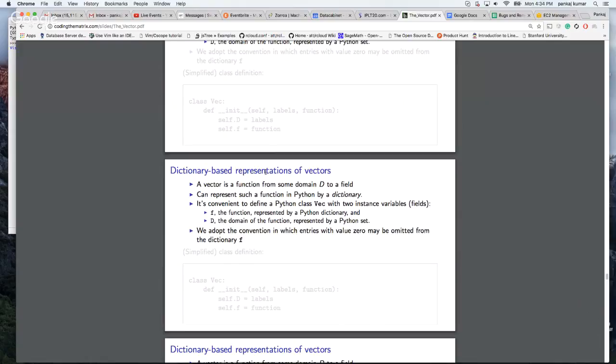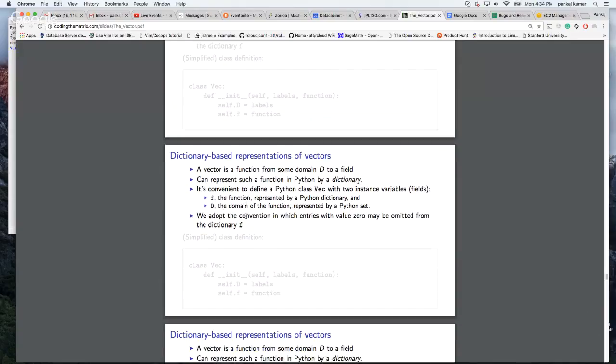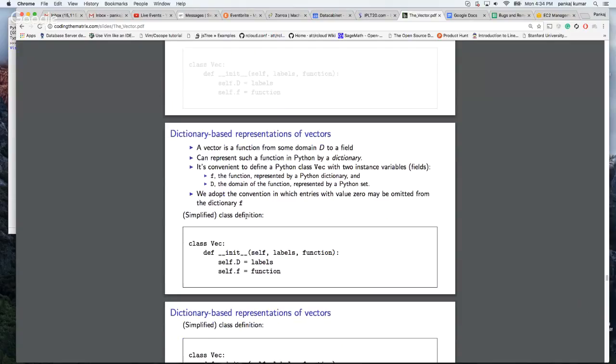So you can have a domain-independent representation of vectors. Otherwise, if you just have one line, then you can only have integers starting from 0 to a finite number as the domain. But this representation allows you to have arbitrary domains as vectors.